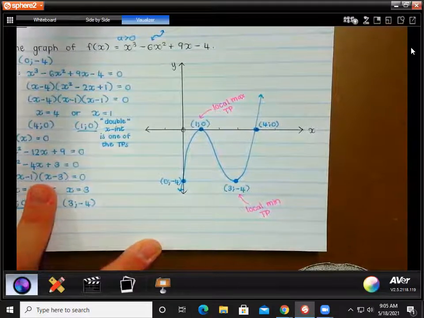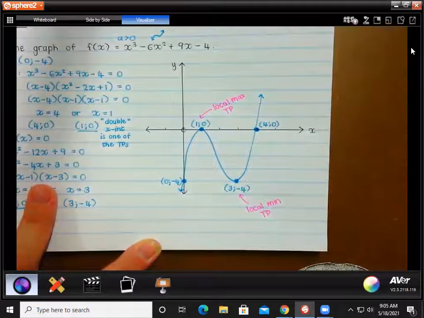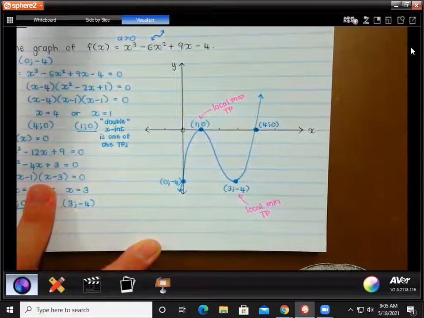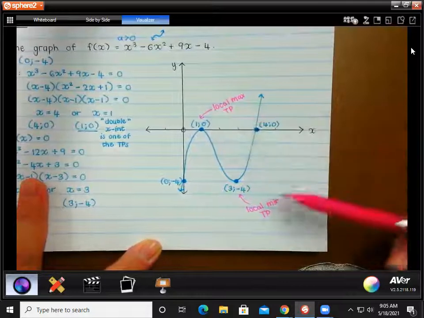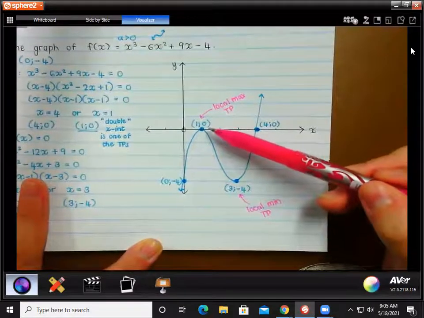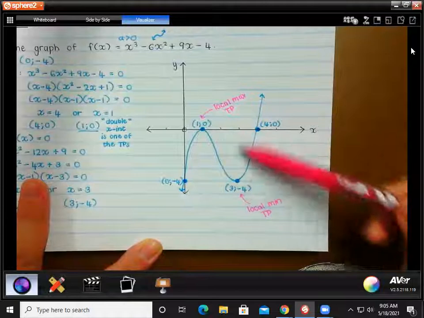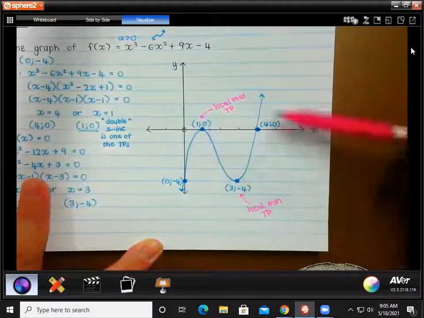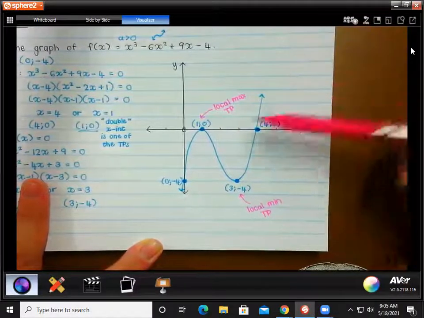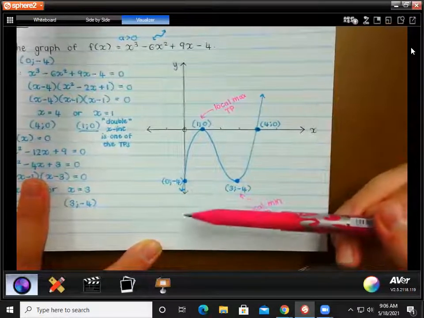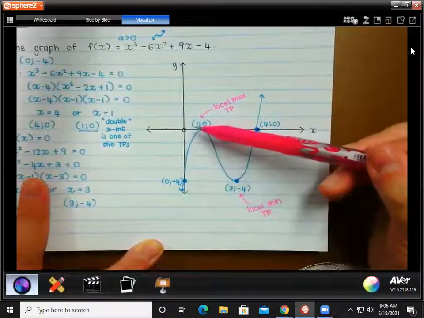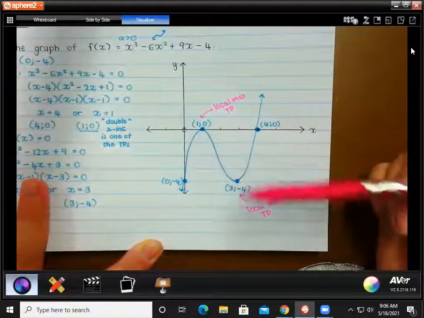All right, guys, the local maximum turning point is obviously the higher one, and the other one is the local minimum. And guys, it's called a local max and a local min because it's not actually the maximum point on this graph, right? If we look at the other side there, the graph does continue going up, but this is a point of interest in the sense that the gradient changes from being positive, now it's 0, and then on the other side it's negative.